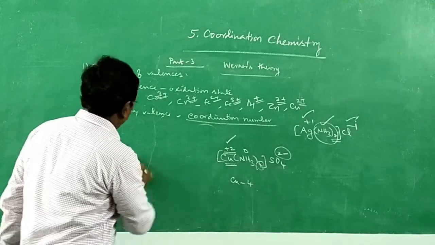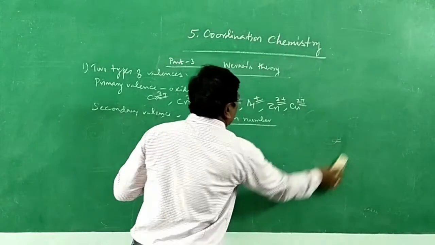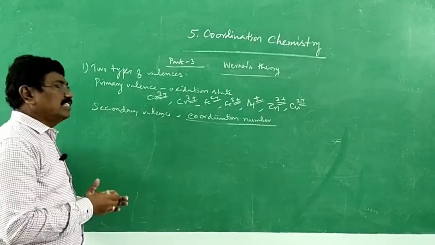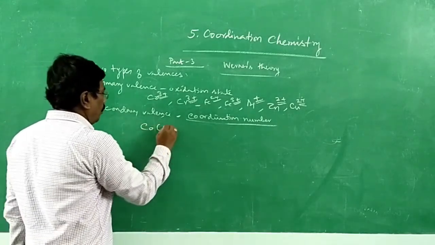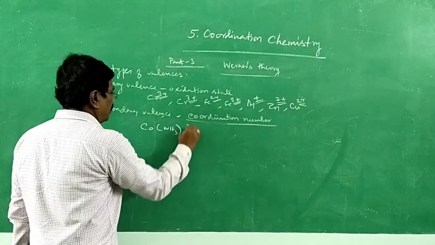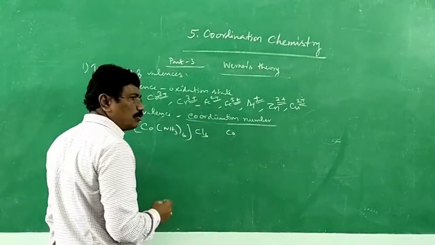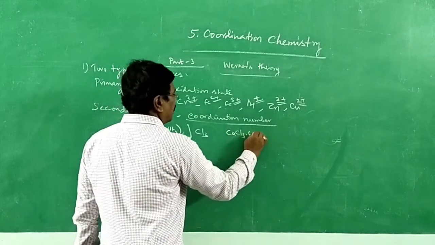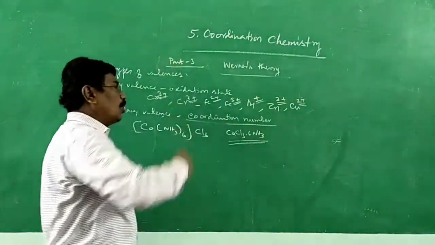Alright. So in the first point we have seen primary valence and secondary valence. Primary valence is oxidation number, secondary valence is coordination number. In this complex, Co(NH3)6 Cl3, or the way we used to write it, CoCl3·6NH3, this is the way in which Werner wrote at that time.